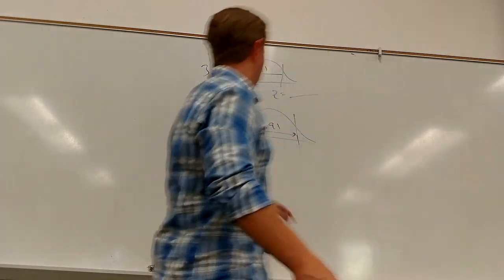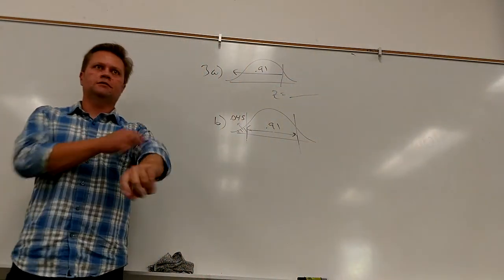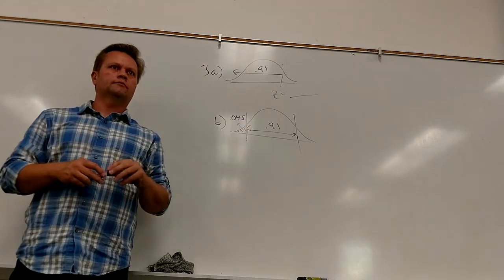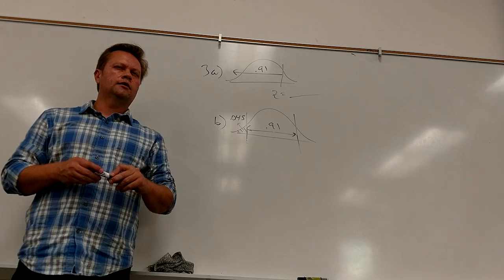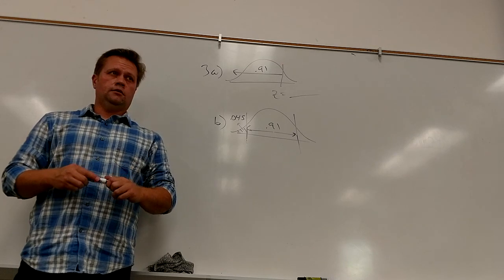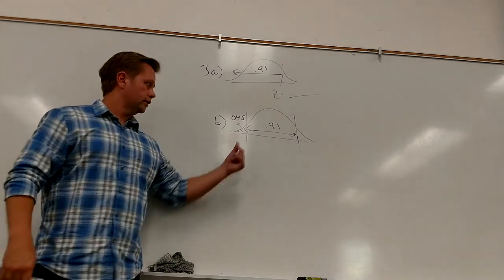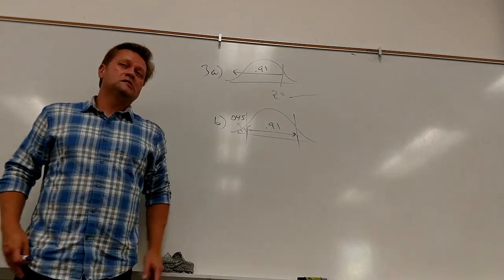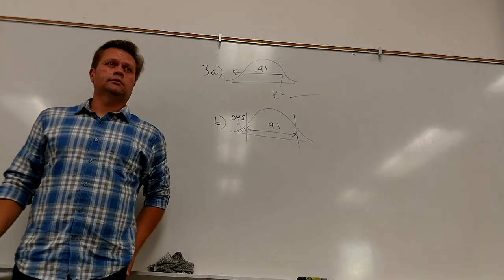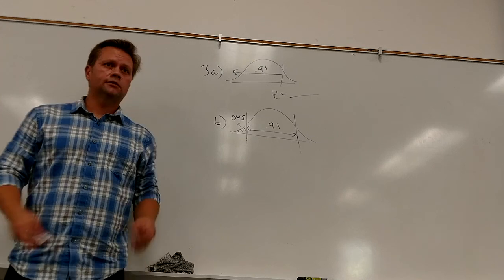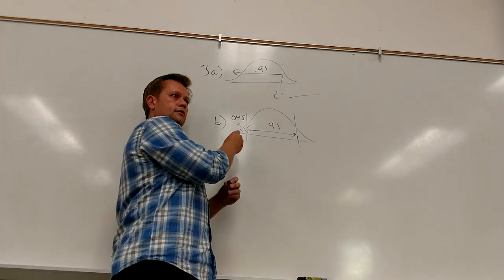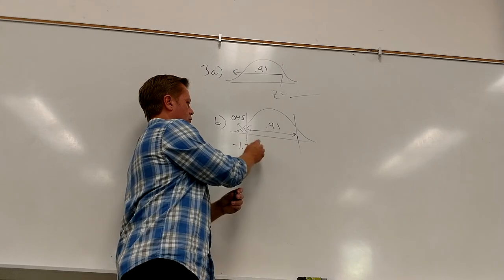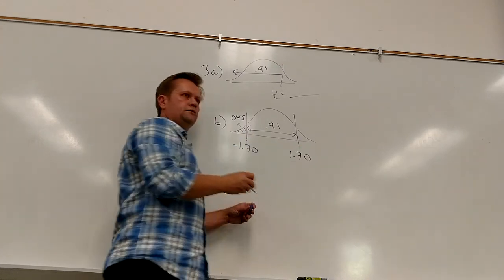The closest you can get to .045 is .0446. Try to look that up and see if it's right. You get negative 1.70 and positive 1.70.